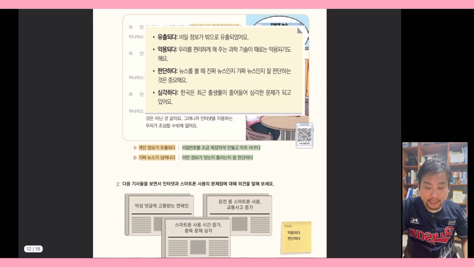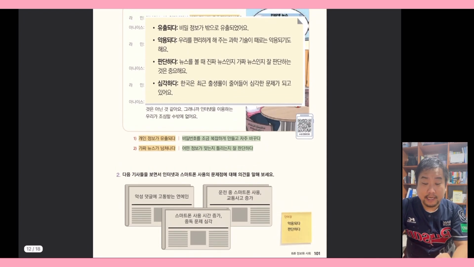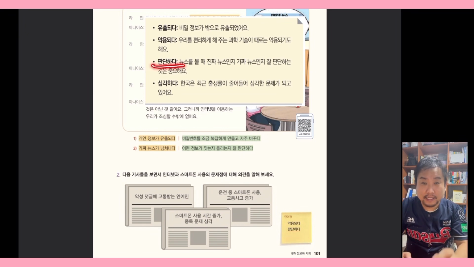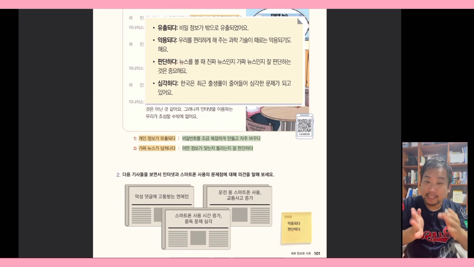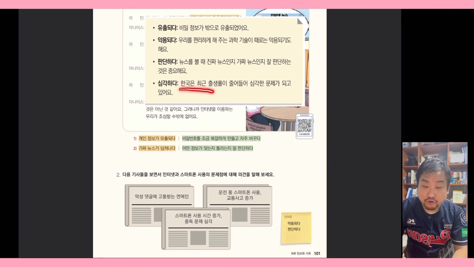So speaking section, the vocabulary 악용하다: 우리를 편리하게 해주는 과학기술도 때로는 악용, misuse, abuse. 판단하다 is judging and selecting. 유출되다 is leak. 심각하다 is serious. 한국은 최근 출생률, the birth rate, 이 줄어들어서 심각한 문제가 되고 있어요.